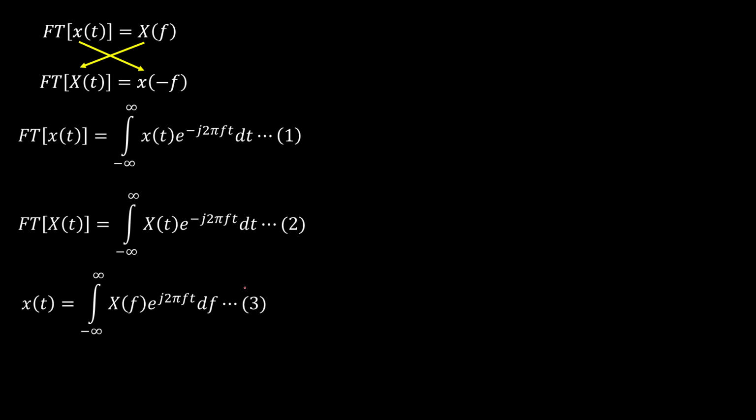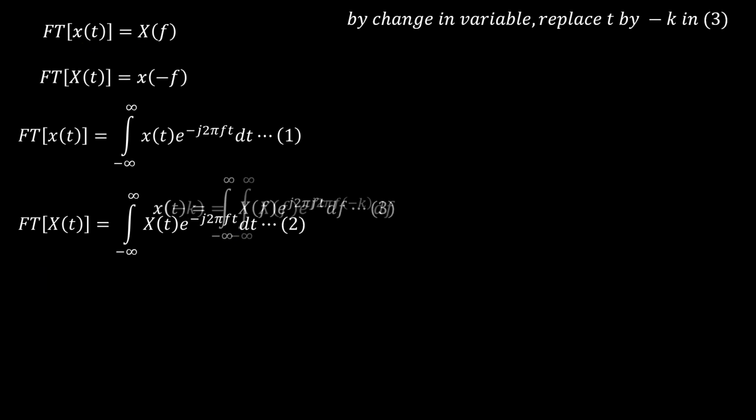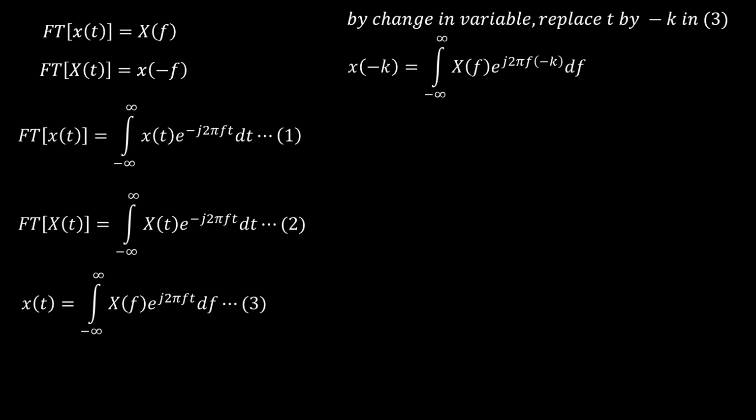Now, in the expression of x of t, we will replace t by minus k. These two t's are replaced by minus k. So, the new expression is x of minus k equal to the integration of capital X of f into e raised to the power j 2 pi f into minus k with respect to f, where f is changing from minus infinity to plus infinity.